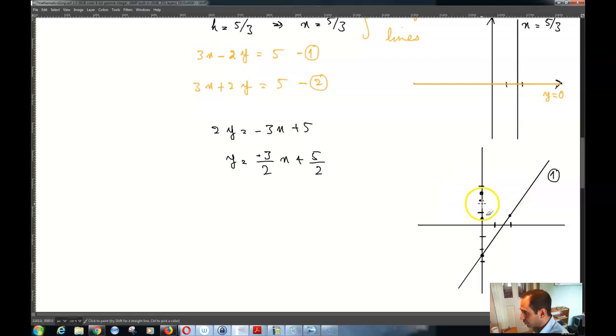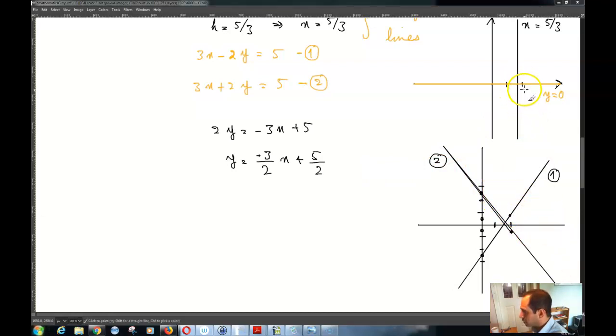So you have 1, 2, and 3, and you will end up over here. So the other point is over here, and this is your line. Now it's not very neat, but you get the idea. So this is number 2.